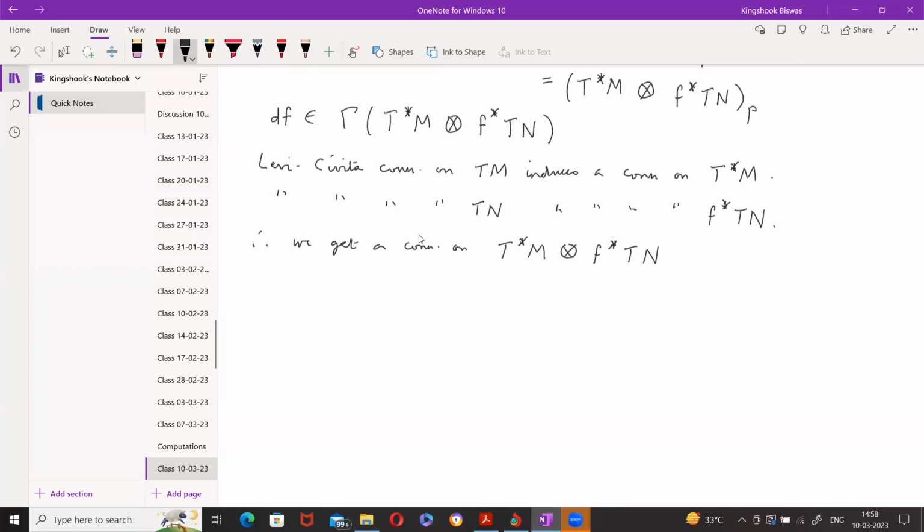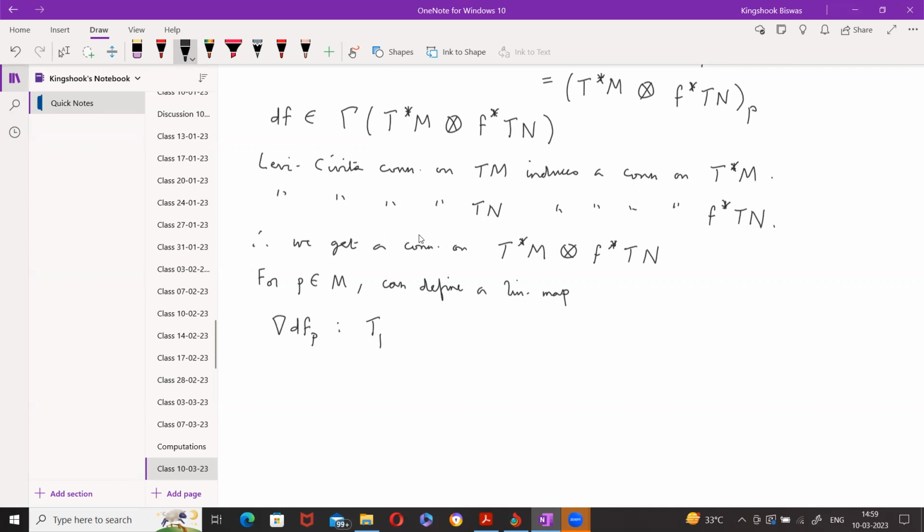So then we can define, for p in M, a linear map nabla df at p. Where does this go from?